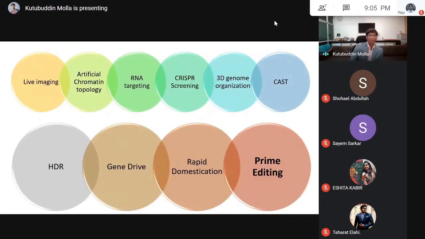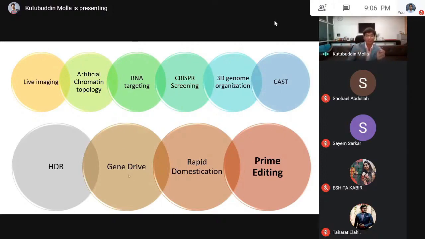Like you can do DNA live imaging with CRISPR fused with GFP, and then you can change the chromatin topology, and then you can also do RNA targeting, and then CRISPR screening. So you can screen thousands of genes in one go with CRISPR, and then you can also reorganize the genome, and you can also use CRISPR associated transposases and then gene drive to actually eradicate a whole population.